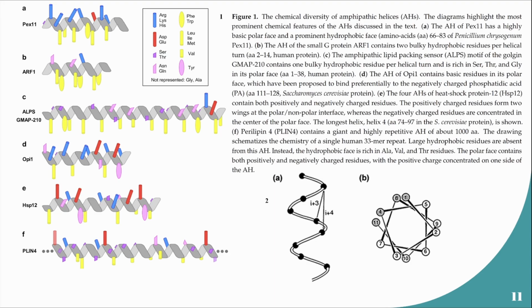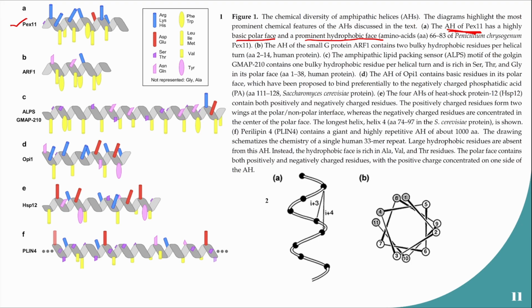Now, on the concept of amphipathicity, here we have some examples. For example, in this figure A, the figure legends are given on the right side. That is the alpha helix of PEX11, which has a basic polar face and a prominent hydrophobic face.